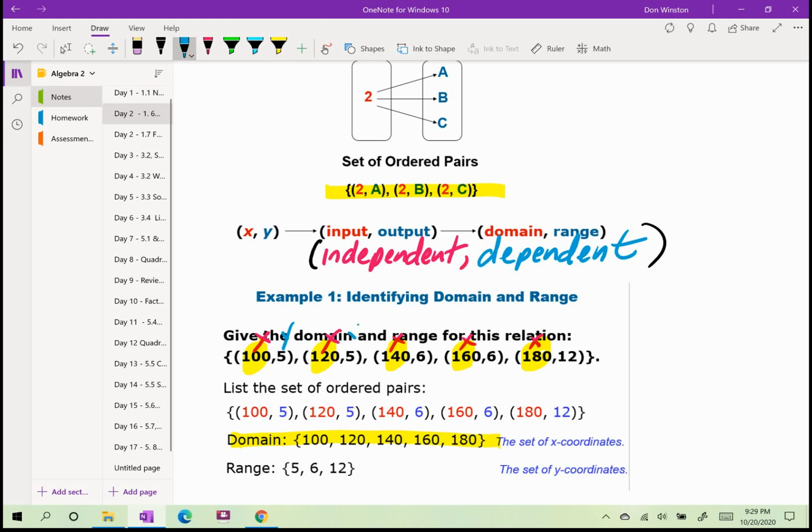So we have 5 for y, another 5, 6 for y, another 6, and then 12 for y. But when we list those, we only list each element once. So even though we have 2 5s, we only list it once. Even though we have 2 6s, we only list it once. And then we have 1 12. So my range, which are the y's, is 5, 6, and 12. We do not list duplicates, never.